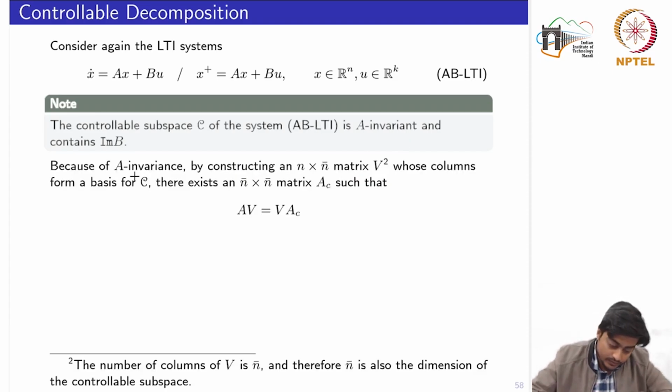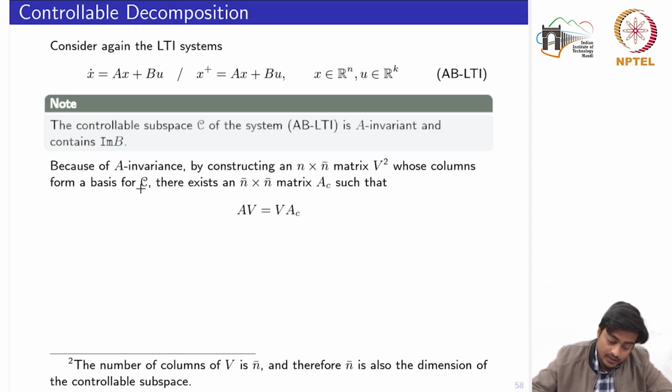Now because of the A-invariance of this subspace, we can construct an n cross n bar matrix V, where n bar is the number of columns of V, whose columns form a basis for this controllable subspace.